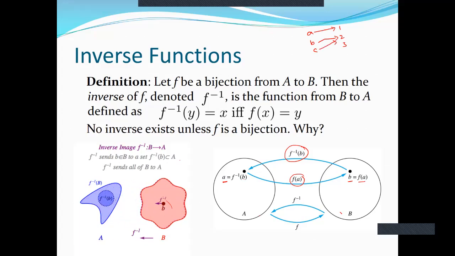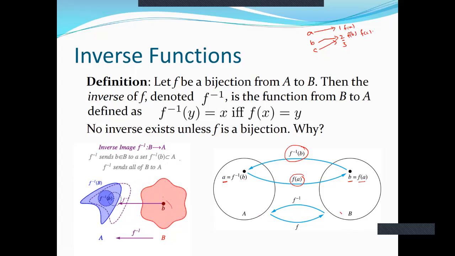So this is f of a, f of b, as well as f of c. So we cannot do this since this 2 has multiple pre-images.